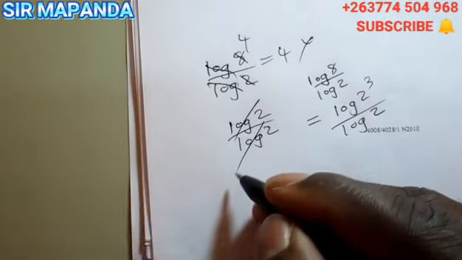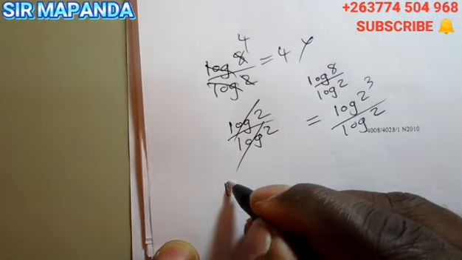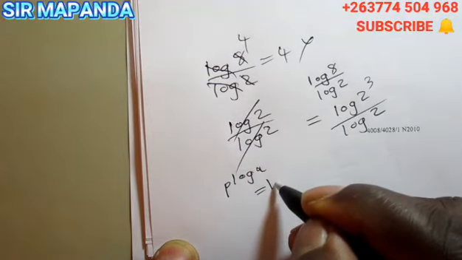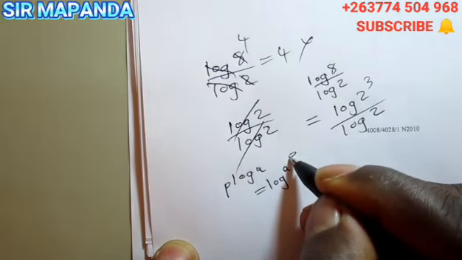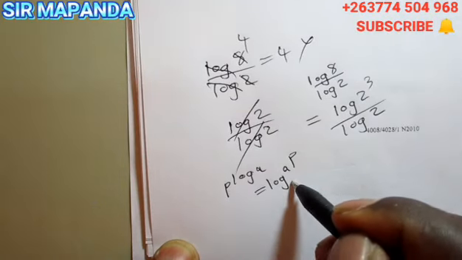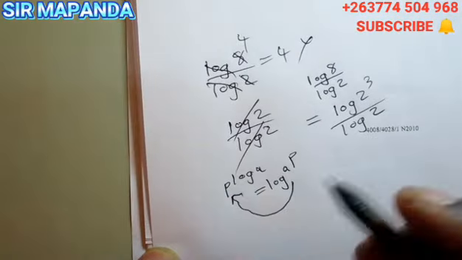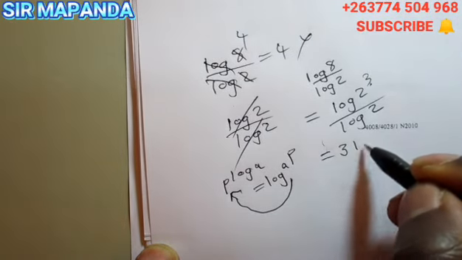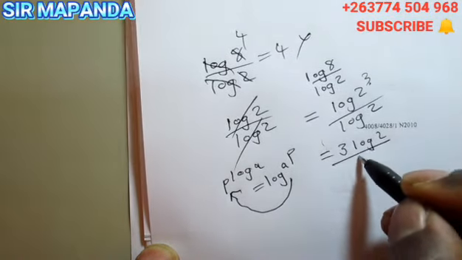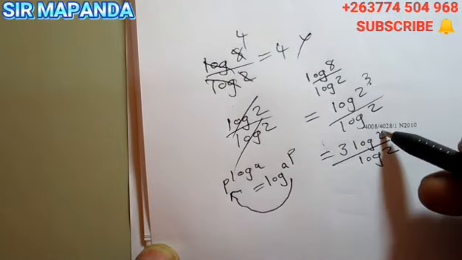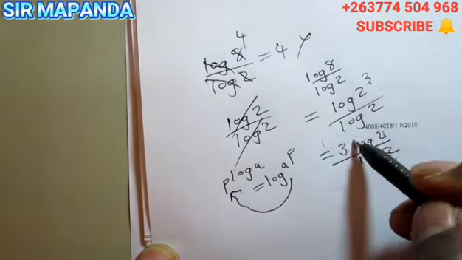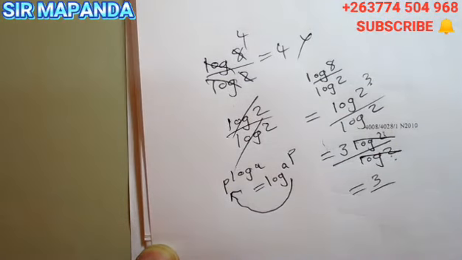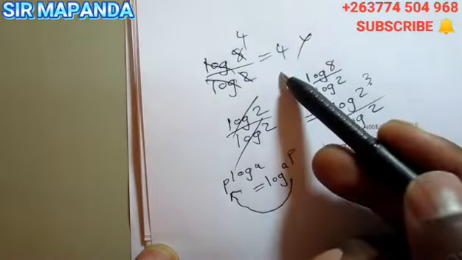So using the power rule, it says that log A to the power of P is as good as P log A. So it means I can bring down the power, right? This power 3, I can bring it down to give 3 log 2 over log 2. Now that we have common numbers in front, log 2 and log 2 can now safely cancel out each other, giving you your final answer, which is 3. So 4 is not the answer.